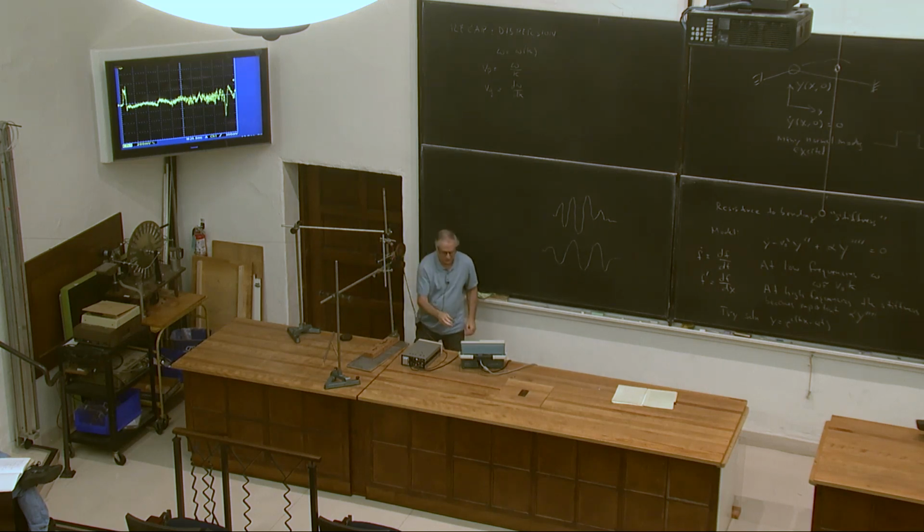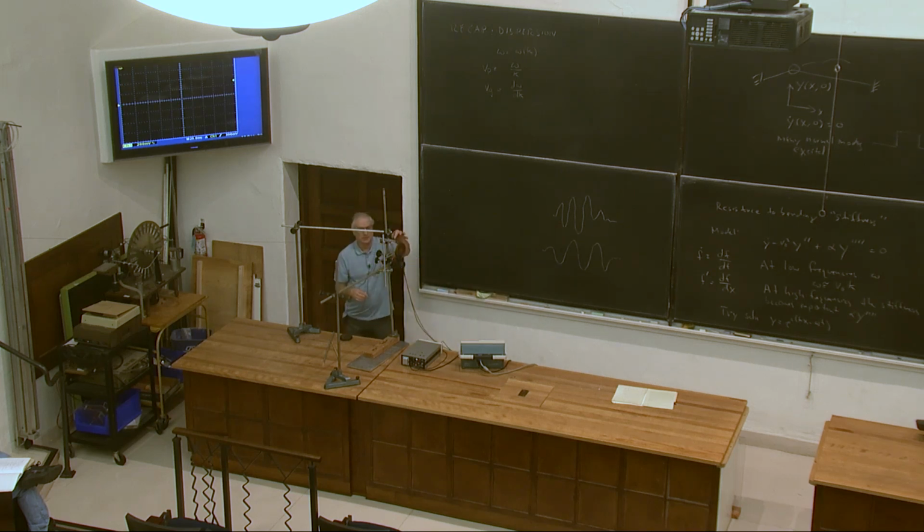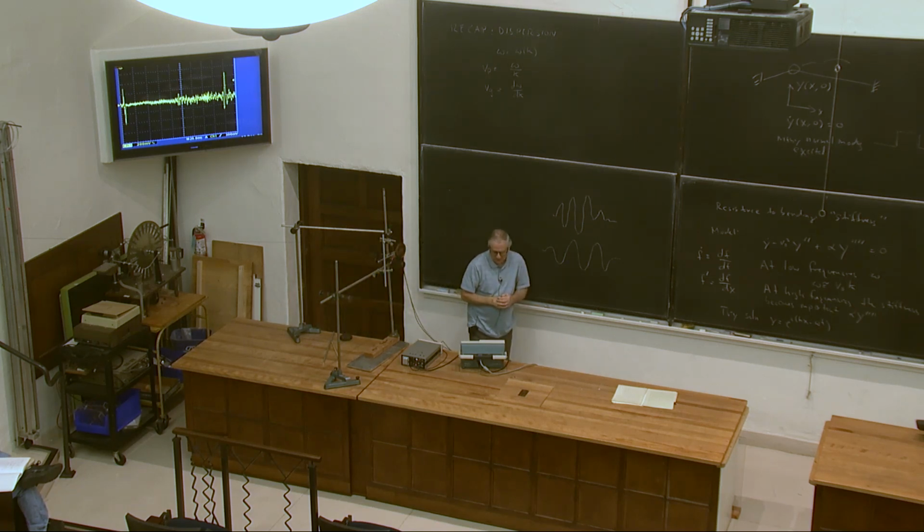I can try to do this with, so I'm going to just hold the string here. I'm going to put some damping on the string and see what happens. So the chirp might have been more pronounced. But again, you see the dispersion.